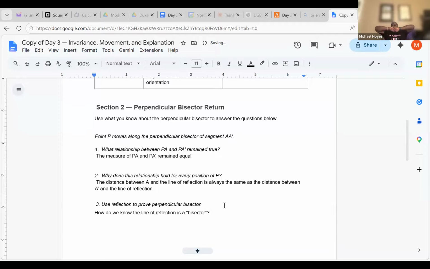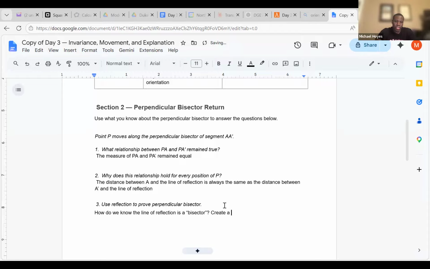And I would say this is stemming from this idea of preservation of distance. Reflection preserves distance. And so what that would mean is, I need to start off by having a segment.